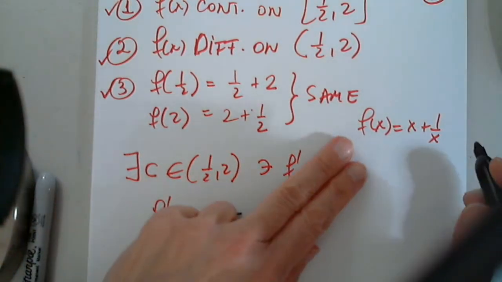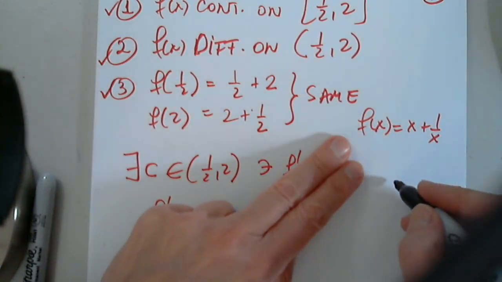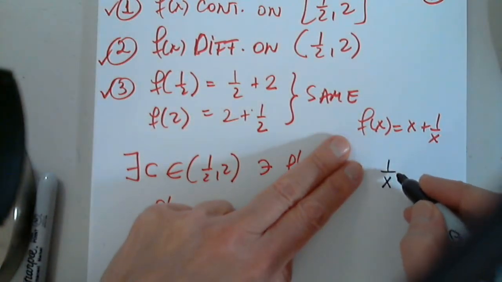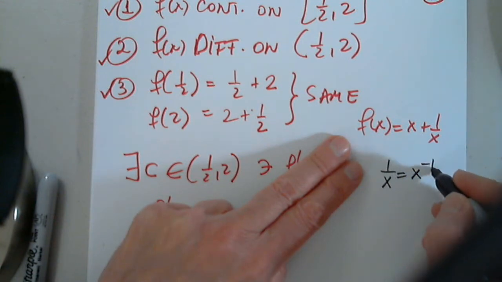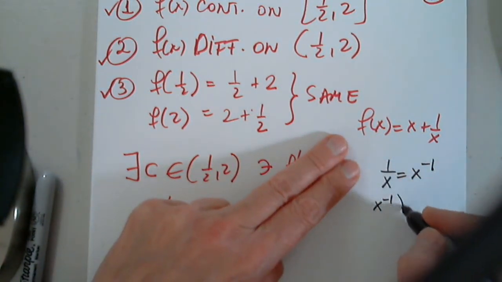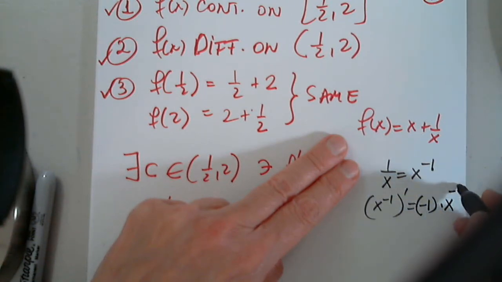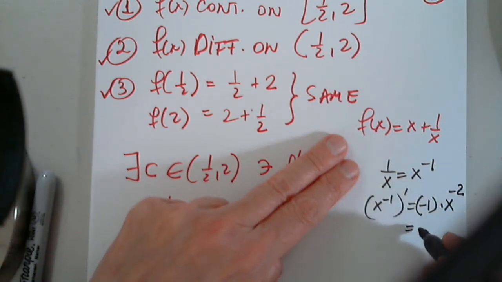Careful. I'm sorry. So let's do this one more time because this is very important. So 1 over x is the same as x to negative 1. When we differentiate x to negative 1, we get negative 1 times x to negative 2. So this is negative 1 over x squared.